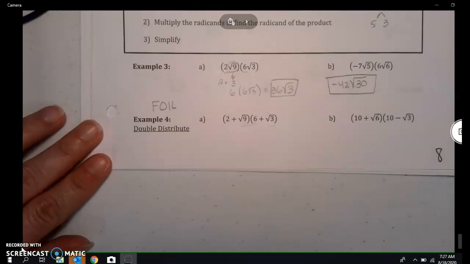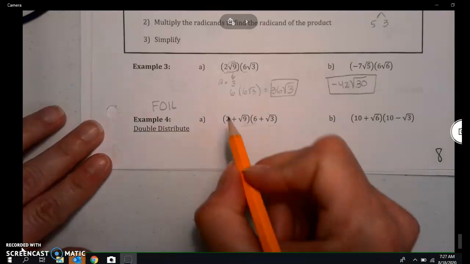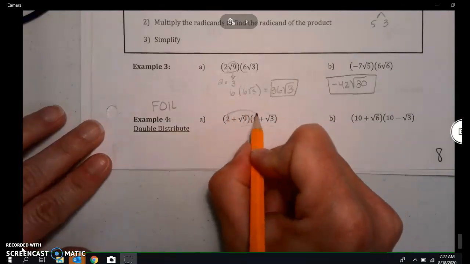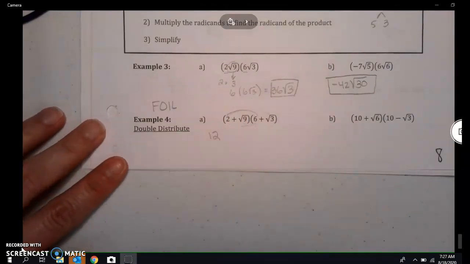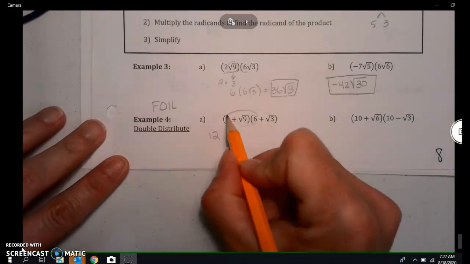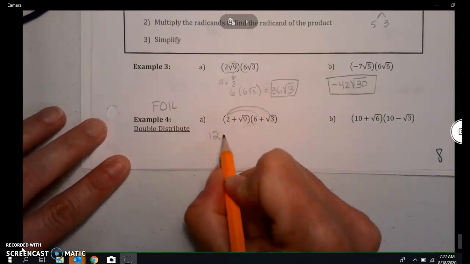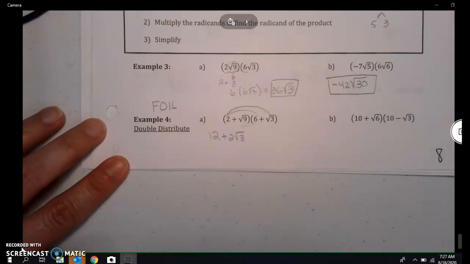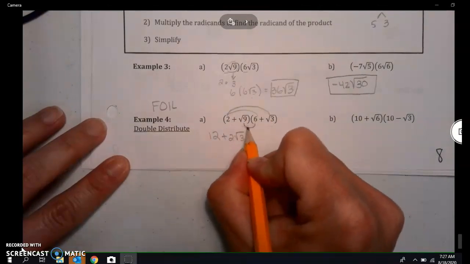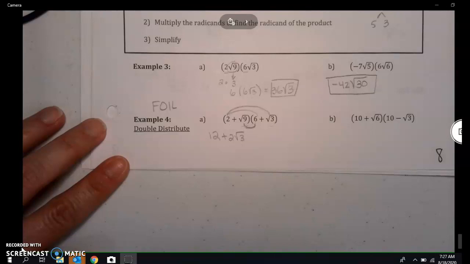So let's walk through this. So we're going to double distribute. So I'm going to do the first terms. 2 times 6 is 12. Then I'm going to do the outside terms. 2 times rad 3 is plus 2 rad 3. Then I'm going to do the inside terms. Okay, so rad 9 is actually just 3.